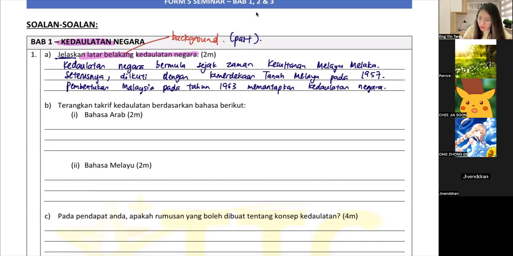So the keywords here are Melaka, Merdeka, Malaysia Day. Because you need to emphasize, this is not asking for the meaning, but it's talking about Merdeka. Boleh faham? So I'm showing you sometimes the question will not directly ask for every single thing.